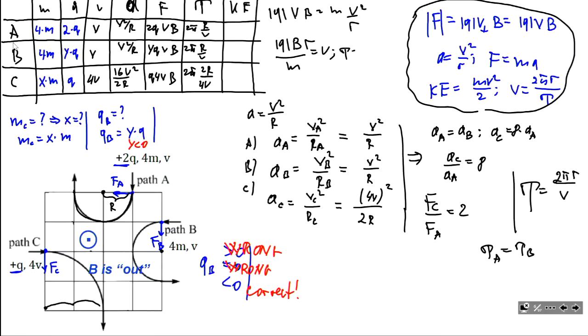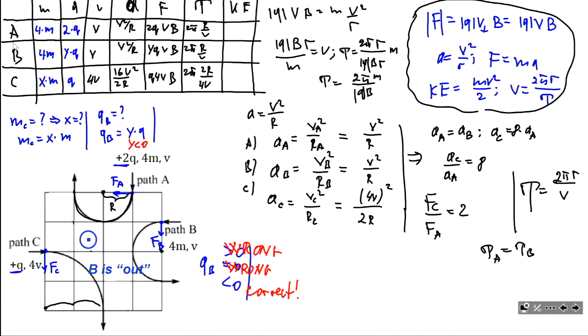And now the period will be equal to 2 pi r over speed, which is 2 pi r times M over Q B r. So r and r cancel. But we can use this expression twice.